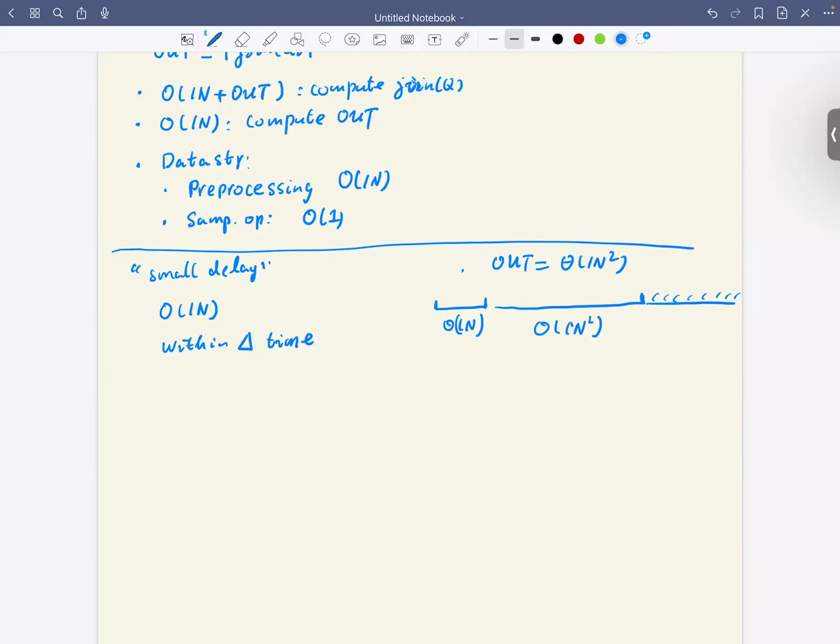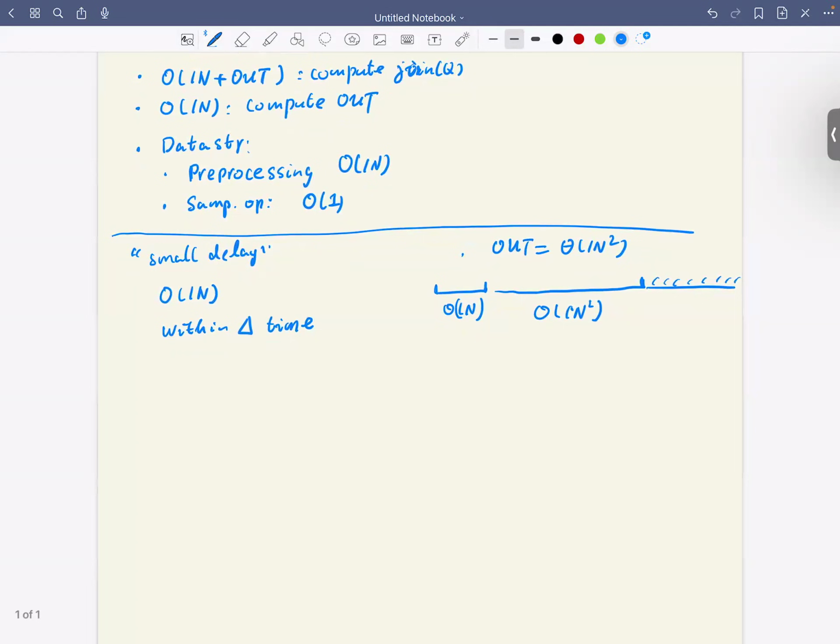you can adapt Yannakakis's algorithm to achieve a constant delay. Today I'm not going to go into that. It should not be too difficult, but this is not the point today. Today we will prove a reduction. And as you will see, this reduction on this particular problem will gain nothing over Yannakakis's algorithm.